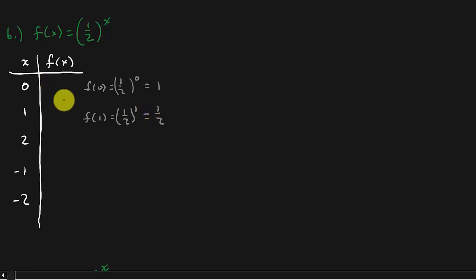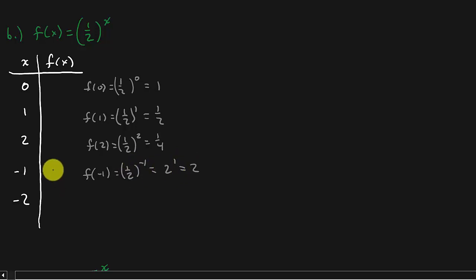I'll change those to being white instead of gray. And so f(2) is (1/2)^2, which is 1/4. And then we've got f(-1), which is (1/2)^-1. So remember, this is negative. We worked one of these earlier. You just take the reciprocal of the fraction, and that changes the sign of the exponent.